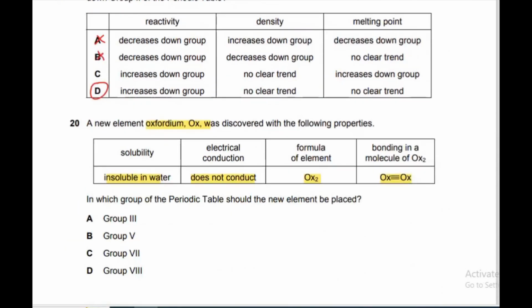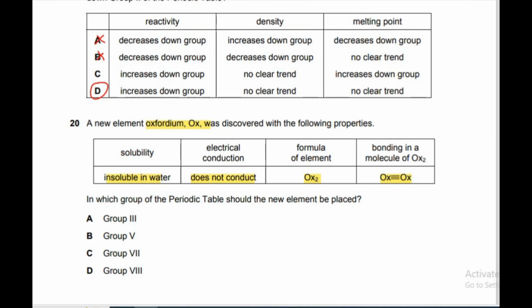Now question 20. A new element, oxfordium, OX, was discovered with the following properties: insoluble in water, does not conduct electricity. The formula of the element is the diatomic OX2, with a triple bond in the molecule. In which group of the periodic table should the element be placed?